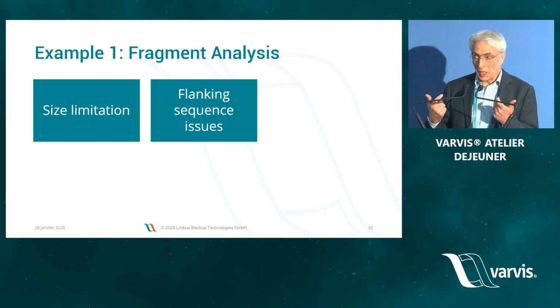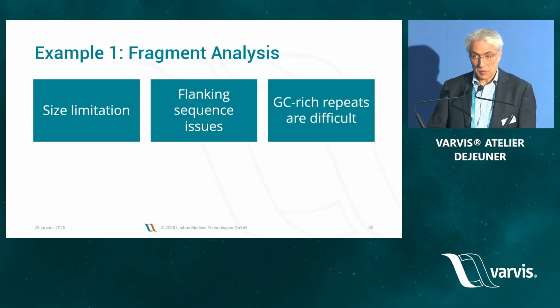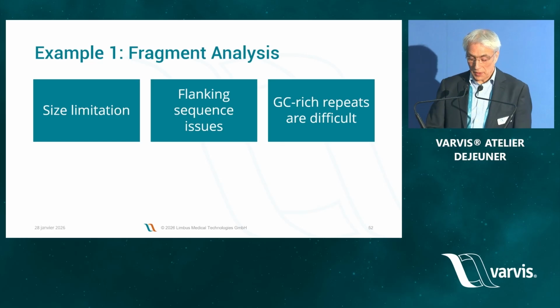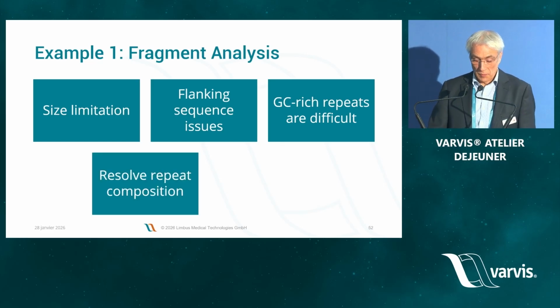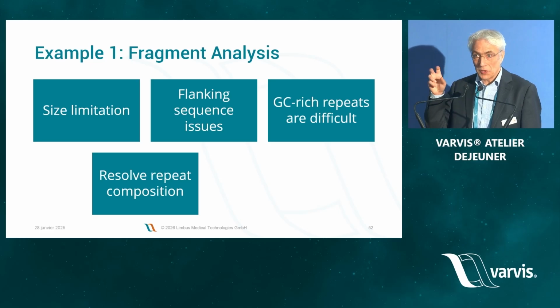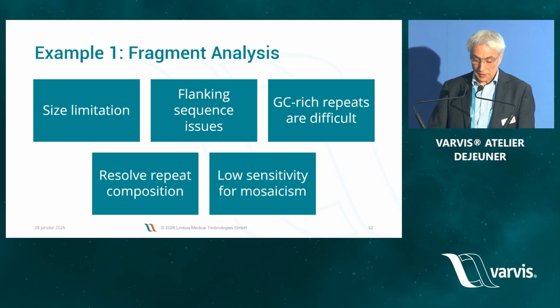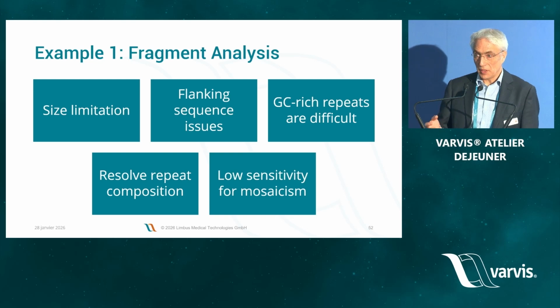If you have SNPs in those regions, your primers may not bind and your assay may fail. GC-rich repeats are always difficult, a general challenge. It's basically impossible to resolve the exact composition of the repeats. Do you have modifications? Do you have interruptions of the repeat? And just by performing more and more long-read sequencing, we learn that those interruptions may be clinically significant. And you have a low sensitivity for mosaicism.